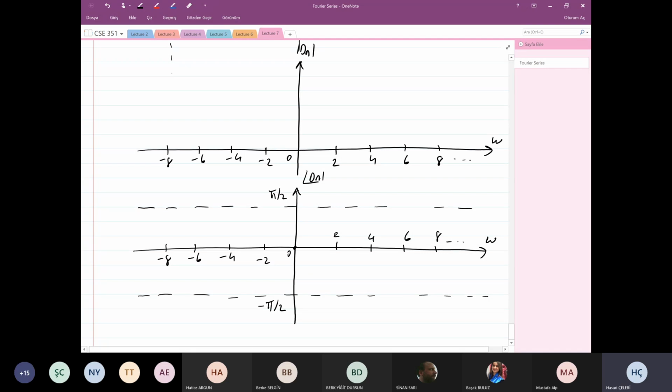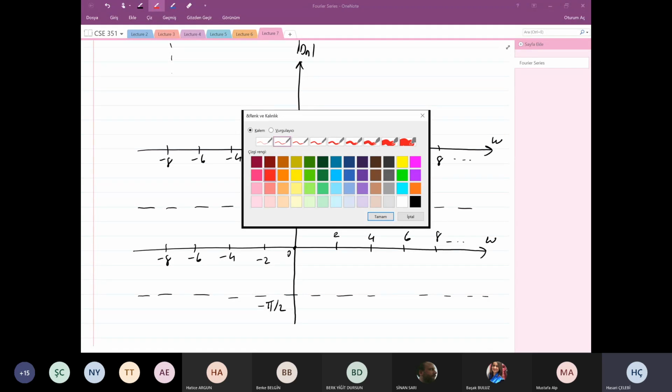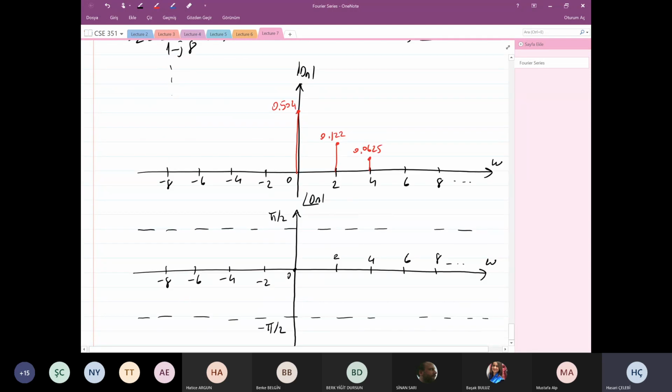So you're going to put all these values that we just did together from the previous example. When n is equal to 0, D0 is equal to 0.504, right? And then for 2 it is equal to 0.122 and 0.0625 and so on.